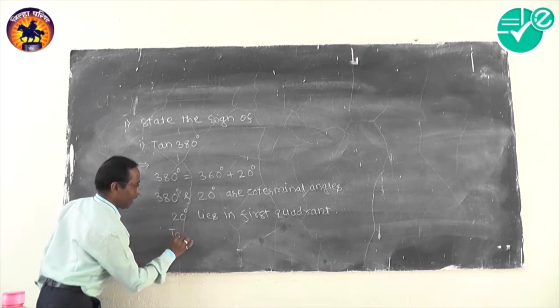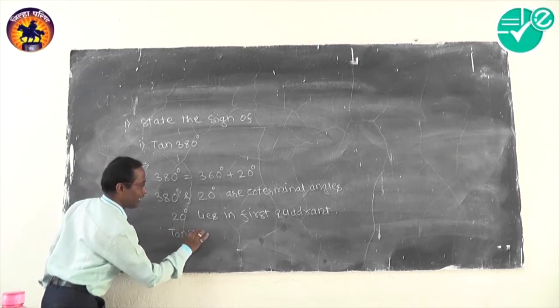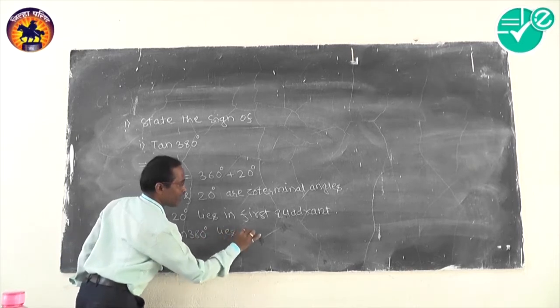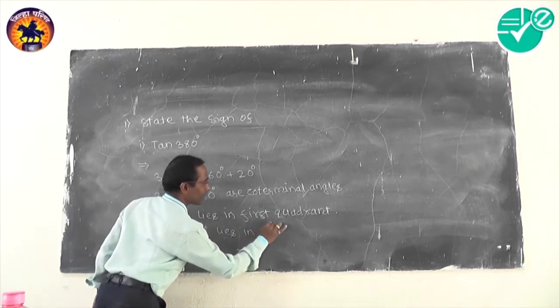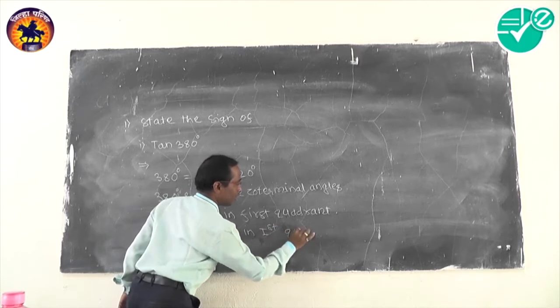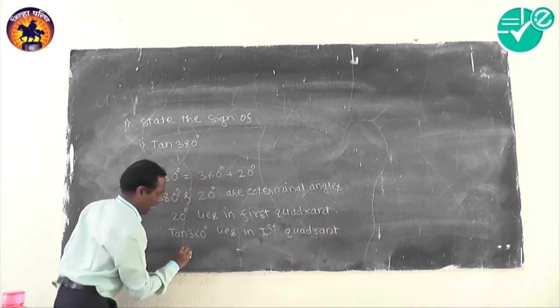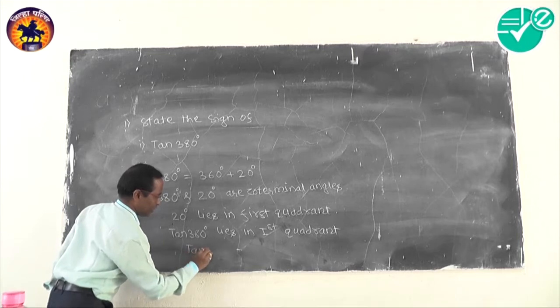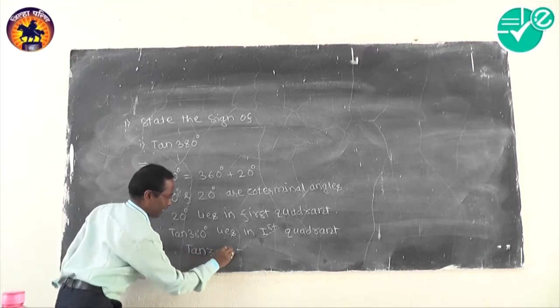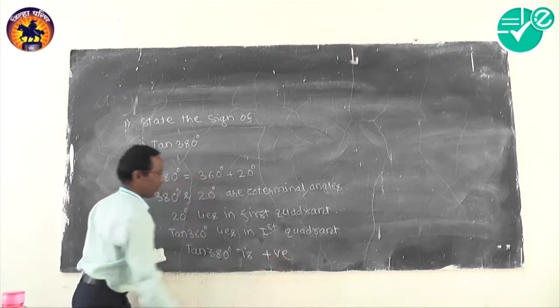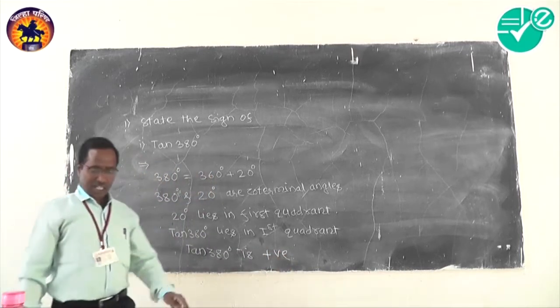Means 380 degree lies in first quadrant, and in first quadrant tan is positive, means tan 380 degree is positive. This is the first example.